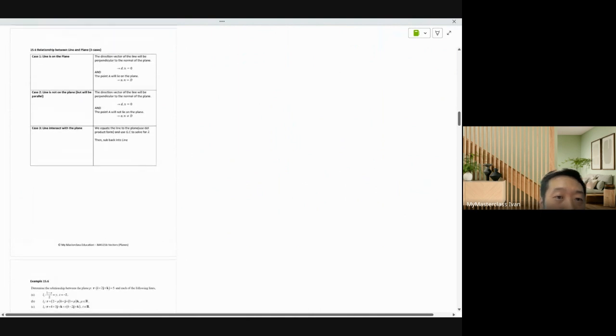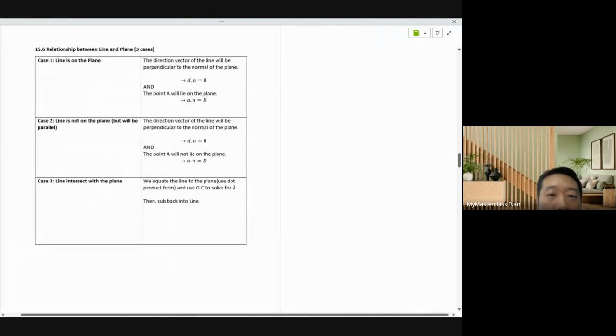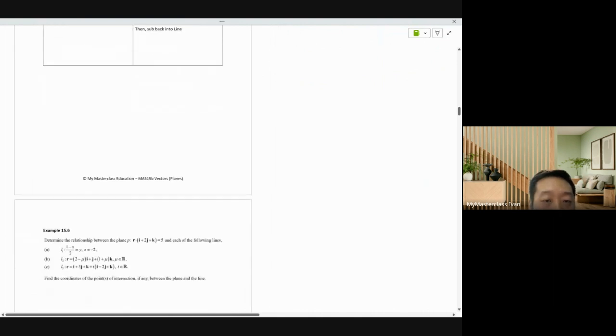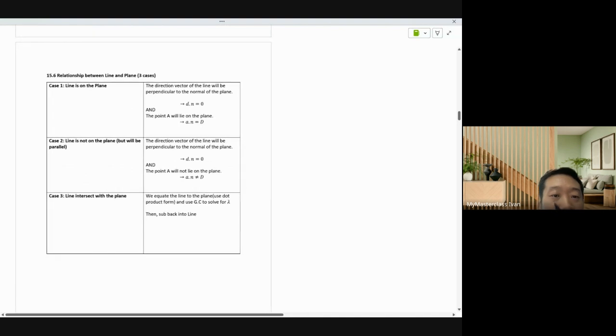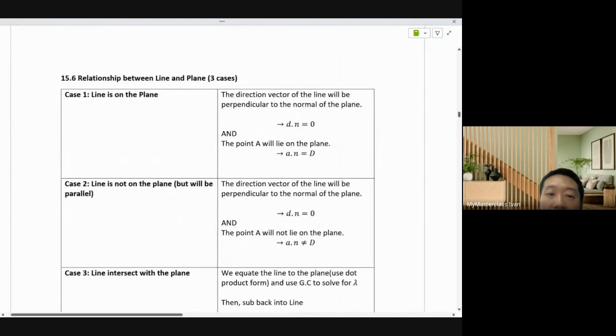Can? So next one. Okay. What is the relationship between a line and a plane? I think before I talk about this, okay. See, number one, there are two things, a line and a plane.